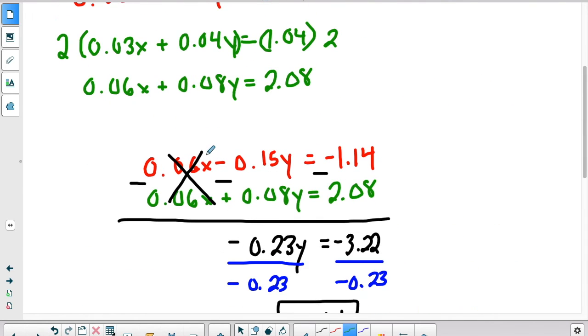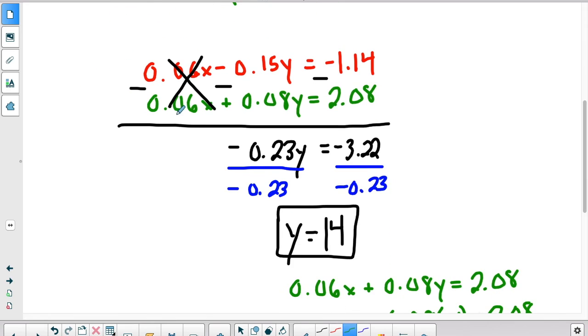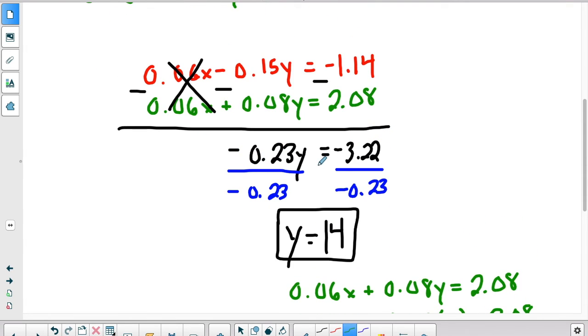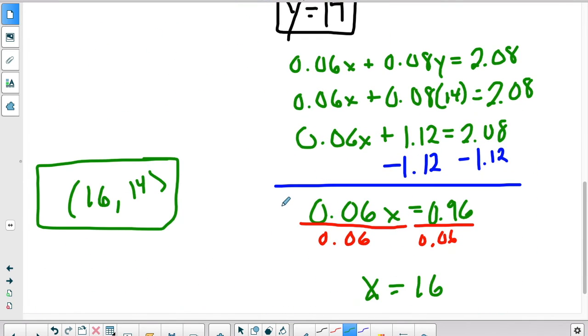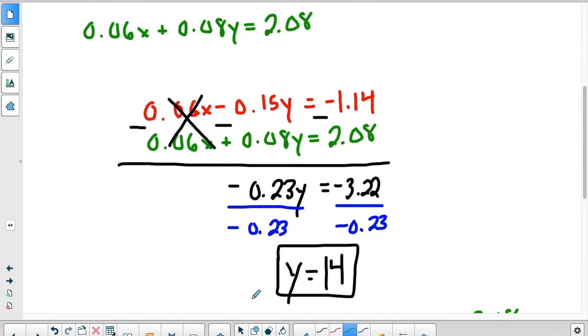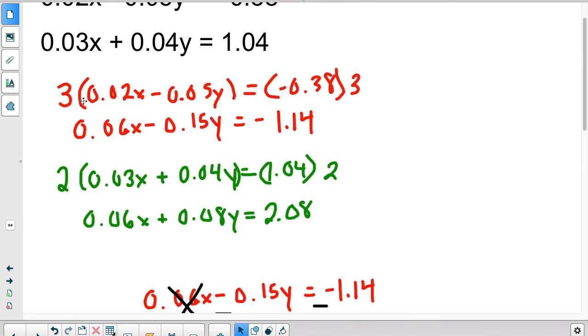Now, if we really wanted to, we could have multiplied this by 200 or 300 and moved the decimal place out, and it would have done the same thing. So we didn't have to deal with the decimal if we didn't want to. And I will show you what I mean by that.